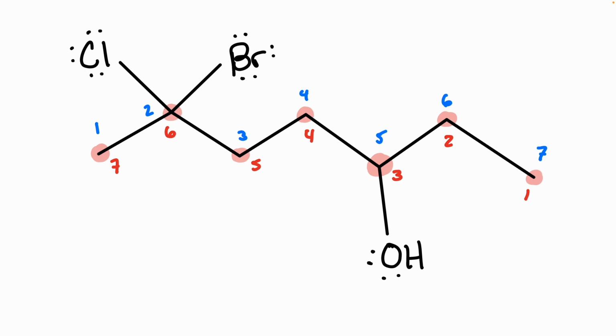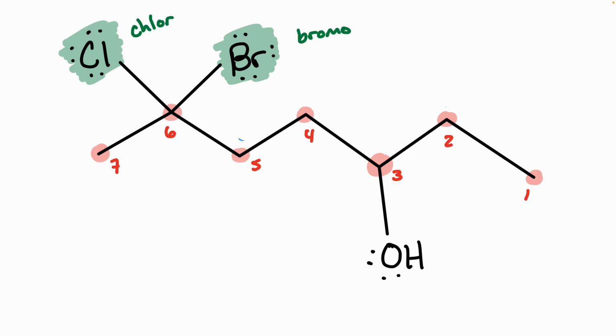Okay, and which one am I going to pick? Red or blue? I really like red today. All right. Because all I'm doing is comparing the location of that functional group. Right? I want the lowest number for that functional group. So that's why I'm going to pick the red. So then these are both considered substituents in my name. We have a bromo group and a chloro group.